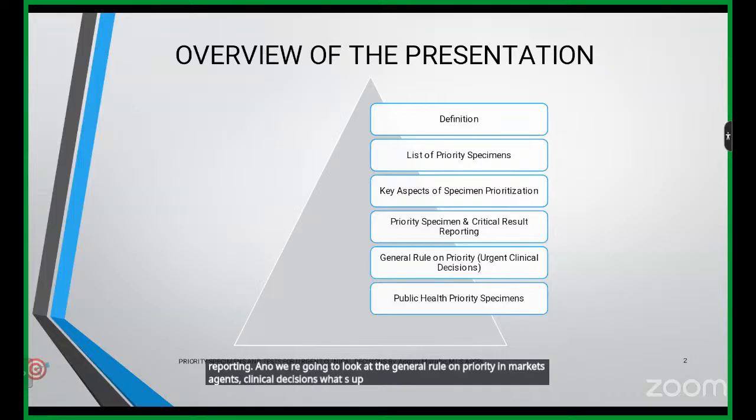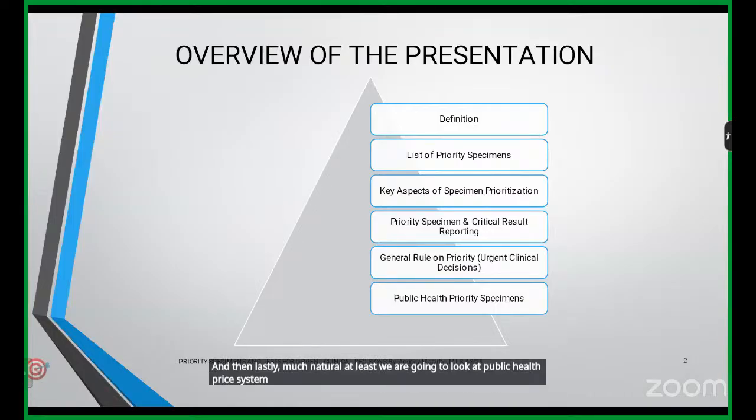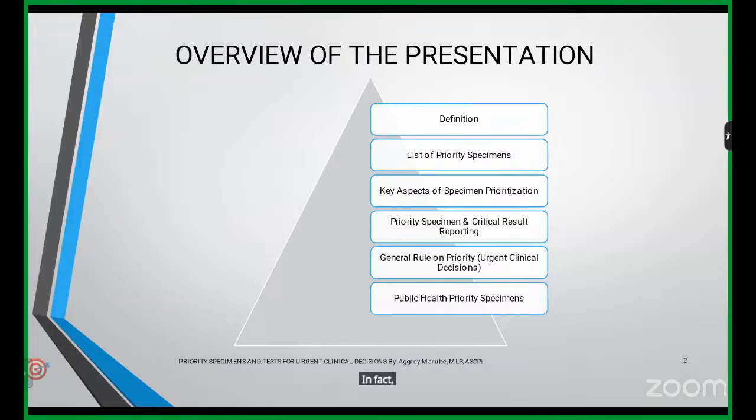What are these urgent clinical decisions? And what's the general rule for urgent clinical decisions? And then lastly, but not least, we are going to look at public health priority specimens and the protocols that are stated, especially in public health international protocols.